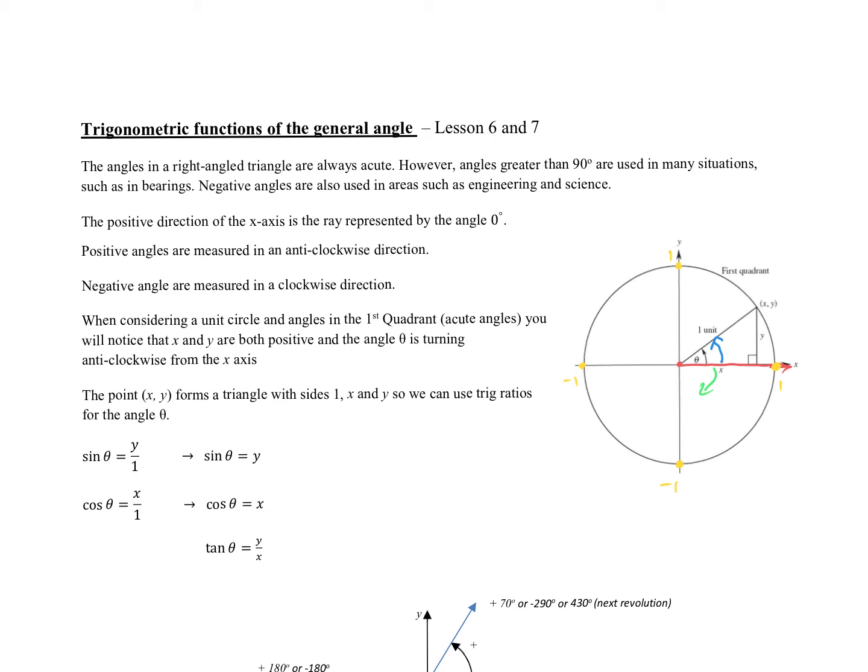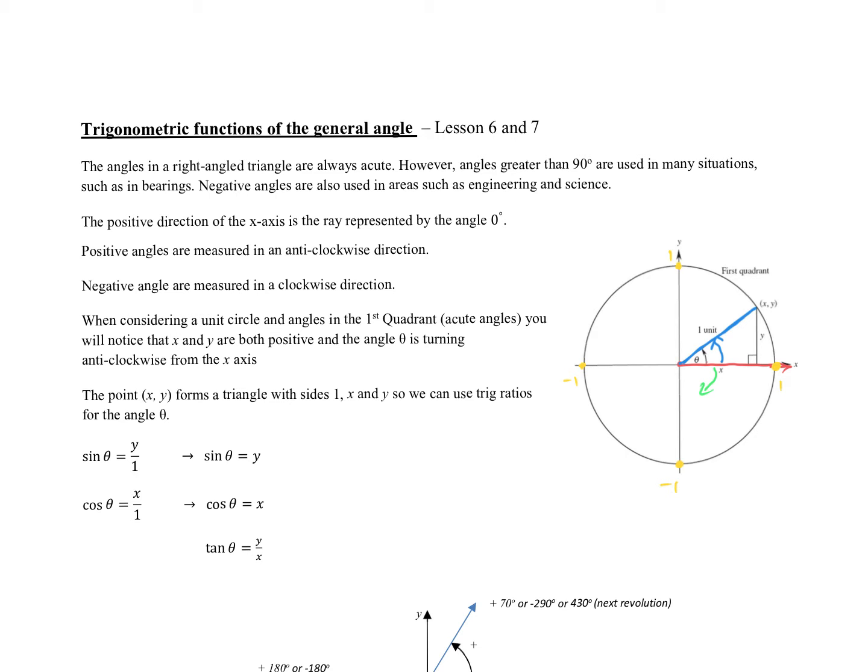If we think about acute angles in the first quadrant, you will notice that x and y are both positive. If we think about this triangle, the hypotenuse is 1 unit long because it's the radius of the circle.